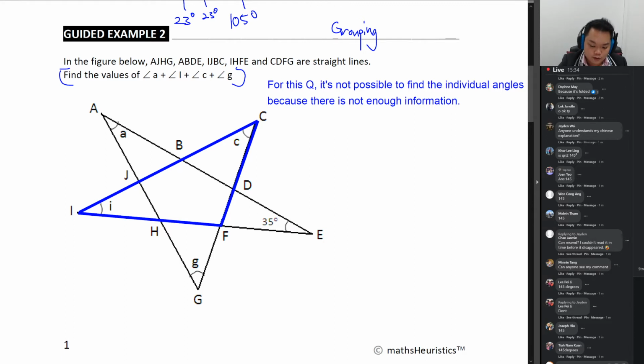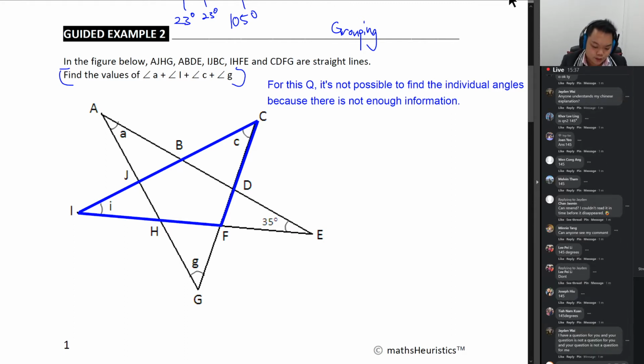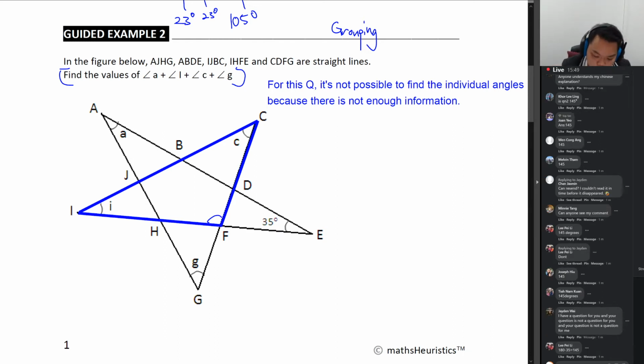Okay, can you all see that if you look at this blue triangle, all angles in a triangle adds up to 180 degrees. So this angle will be 180 degrees minus angle I minus angle C. And it can be thought of like this.